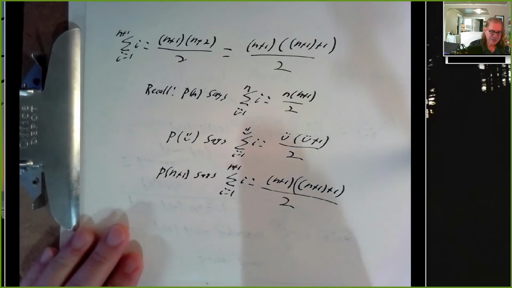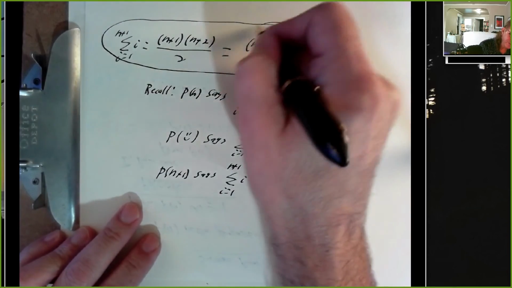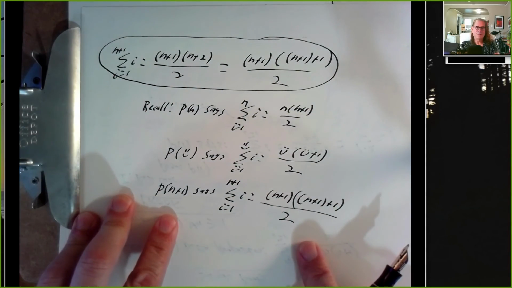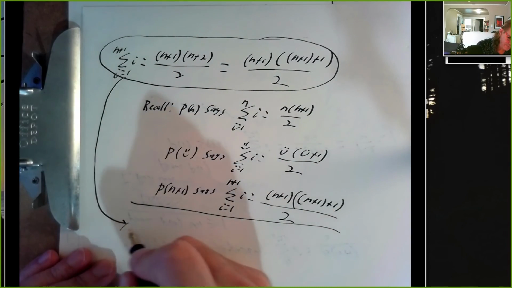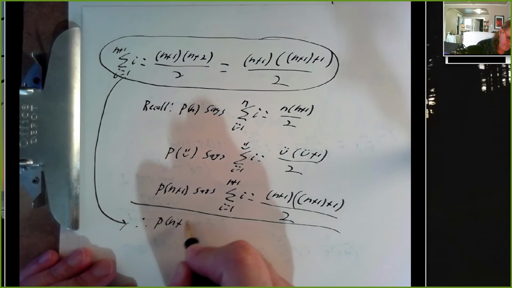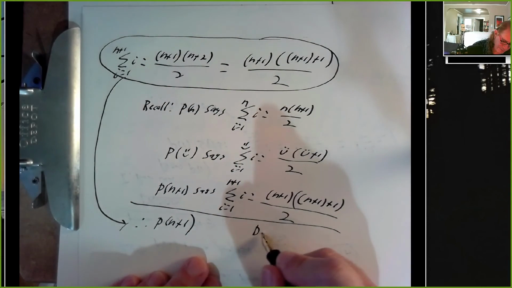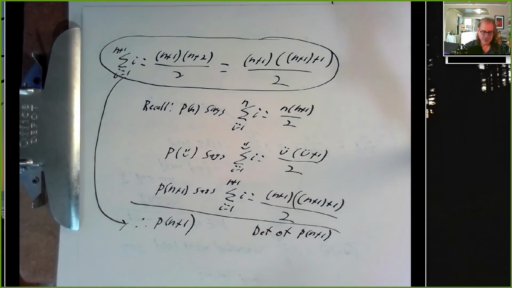But guess what? From my previous work, I've proven this. This is P of n plus 1. That's exactly what I just proved. So from this, we can conclude P of n plus 1 is true, and the reason is that's the definition of P of n plus 1.